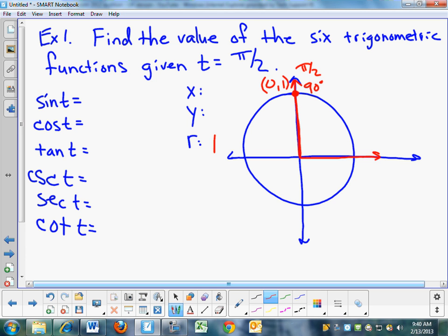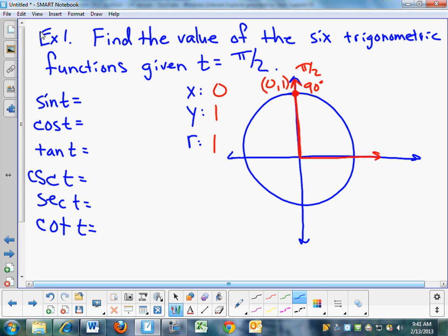So what is the x value? 0. What is the y value? 1. So we figured out the 3 values that we need. They're a little bit odd, but these are really important spots to remember. And so for your assignment, you're going to do 0, pi over 2, pi, 3 pi over 2, and 2 pi. All right, so you're going to look at those.